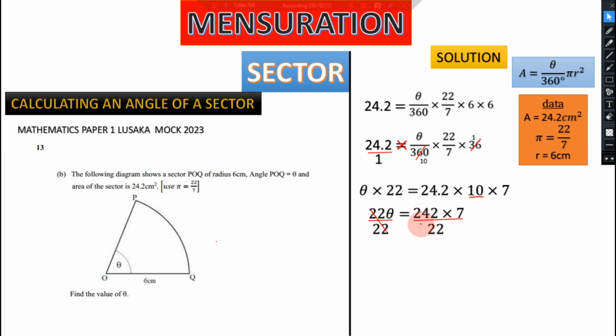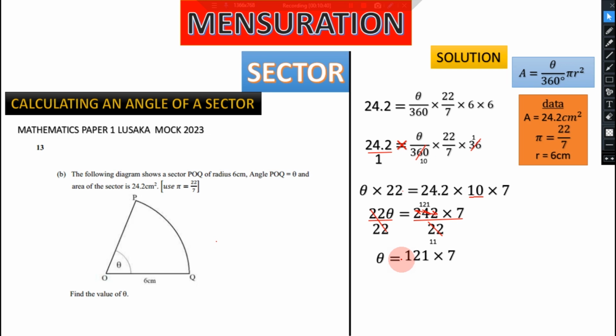A number that can go into both is 2, so we reduce the two numbers by 2. 22 divided by 2 is 11. Then 2 into 2 is 1, 2 into 4 is 2, 2 into 1 is 1. So 2 goes into 242 how many times? Good, 121 times.